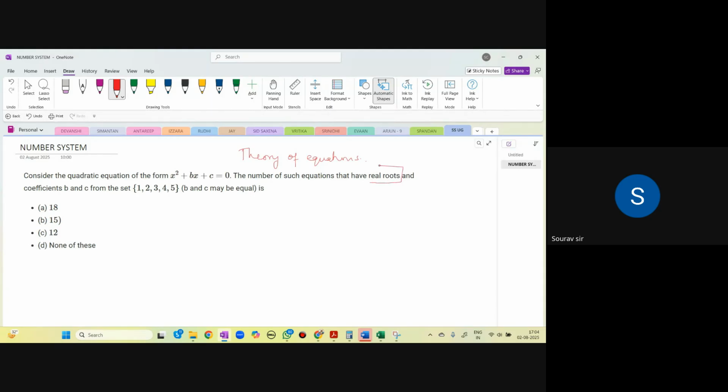So they are talking about real roots. That means discriminant will be greater than 0. Right? And since there is no condition given, and even B and C can be equal, D can be greater than or equal to 0 also, which means you can have a double root.